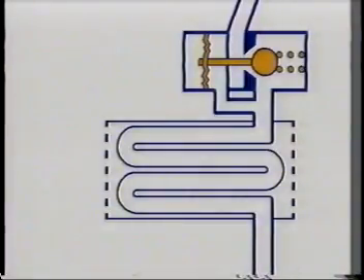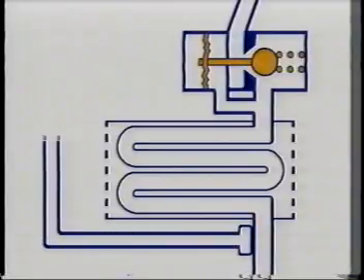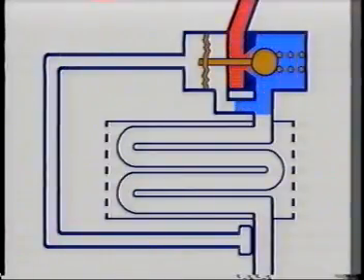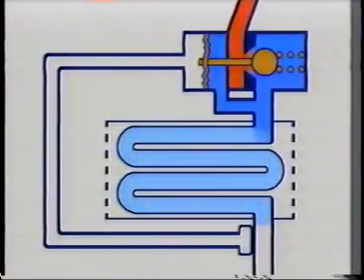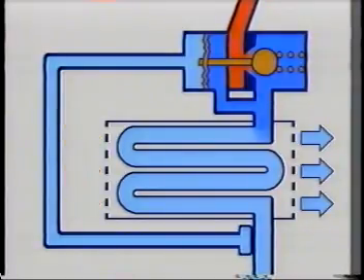We will now see how the amount of refrigerant can be adjusted. The expansion valve is connected to a heat-sensitive tube that measures the temperature at the exit of the evaporator. When the air in the passenger compartment is hot, hot air flows through the evaporator.